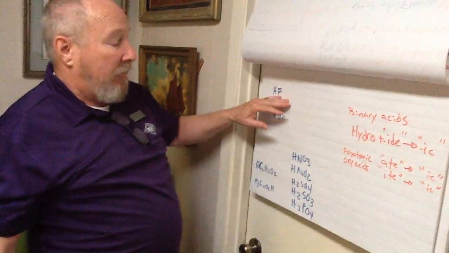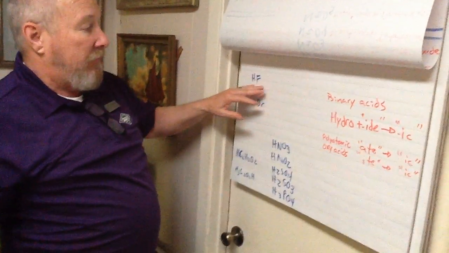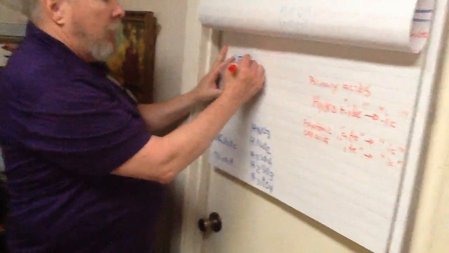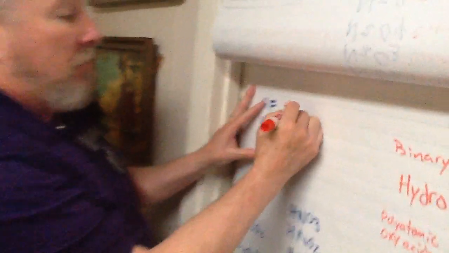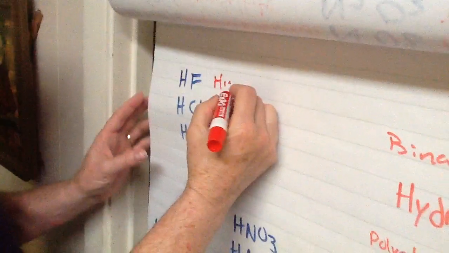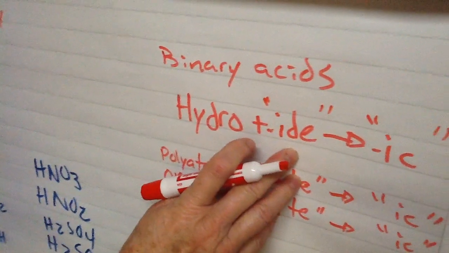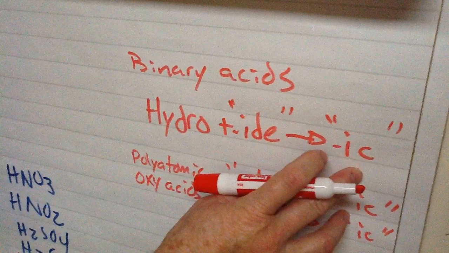The H and the F can come apart to give me H plus and F minus. It's hydrofluoric acid when I dissolve this hydrogen fluoride gas in water. So my "ide," hydrogen fluoride, my "ide" became "ic."